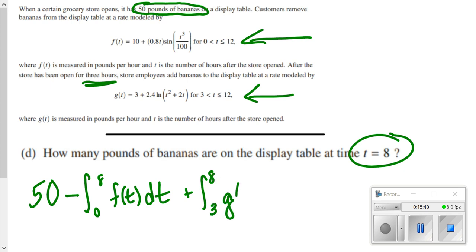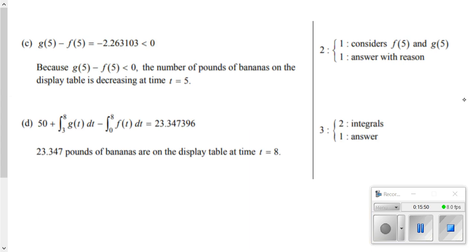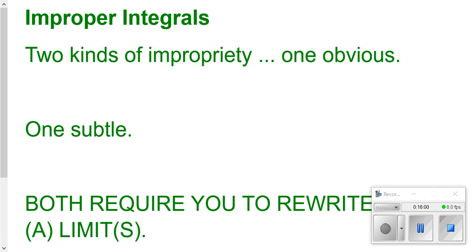But then they are putting the bananas on at that rate. So we're going to work that out. We're going to utilize our calculator features, and ta-da. Okay. All right, you can check the scoring rubric for points. But that is a classic flow in, flow out question.